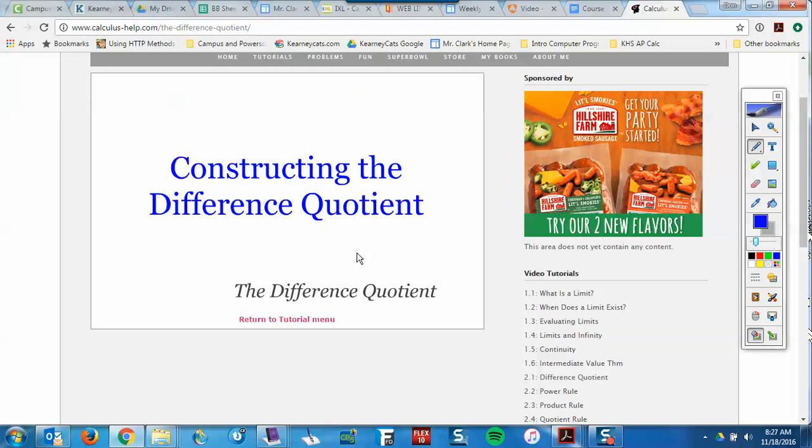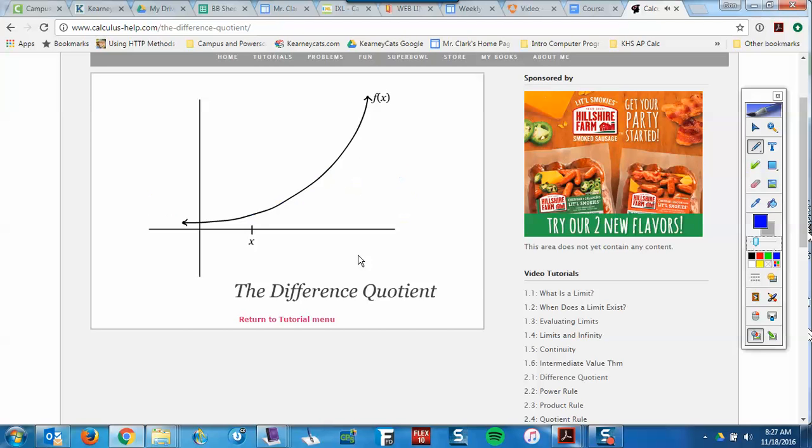Okay, this is mostly review. In just this section, we're going to show you exactly where the difference quotient comes from. Here's a graph called f, with a point on it labeled x. My goal will be to find the slope of the tangent line to f at that point. First things first, the coordinates of this point are x, comma f of x. Now, here's how I get my formula.